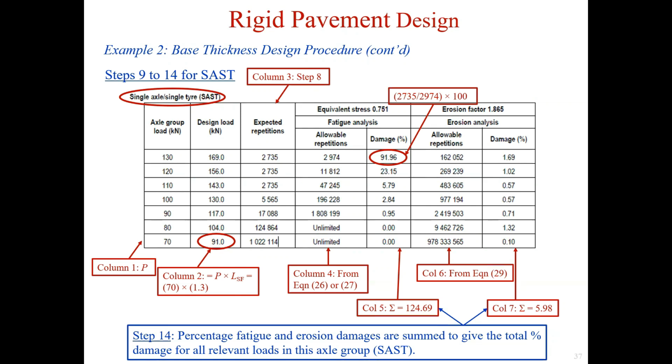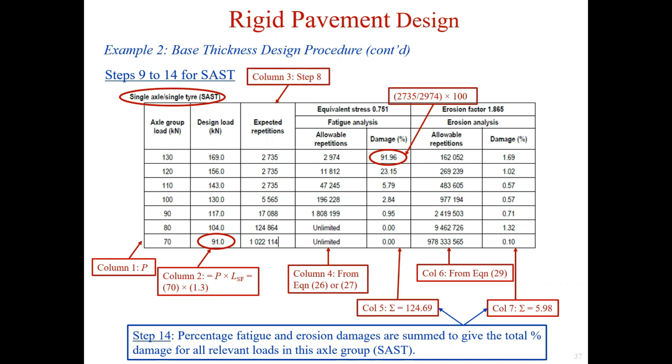The fourth column is the allowable repetition for fatigue distress, and the values come from equation 26 or 27. The fifth column is the fatigue damage, which is calculated as the expected repetitions divided by the allowable repetitions and times 100.